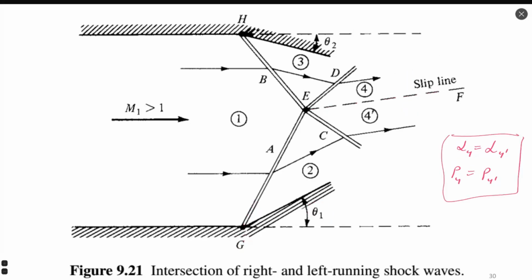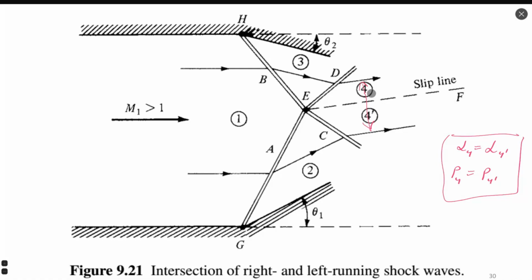About the density, no, density is different as well. Density is not the same, just pressure is the same. Pressure tells us about forces that initiate, or provoke, acceleration. Since velocity directions are the same, there is no acceleration in the normal direction. There is no acceleration in the direction perpendicular to the slip line.